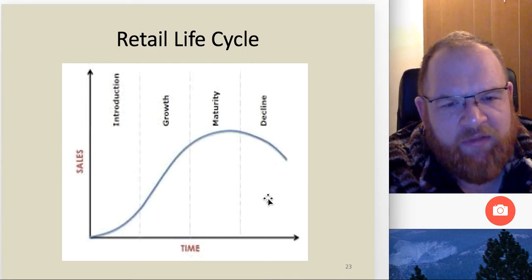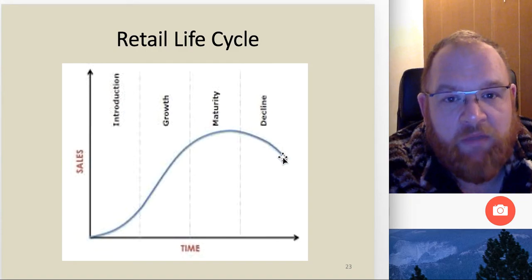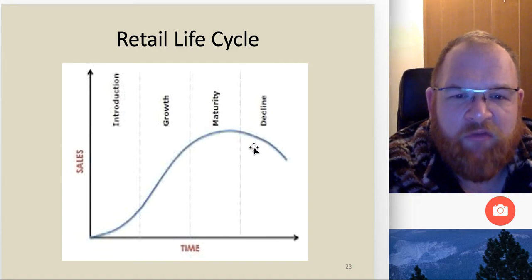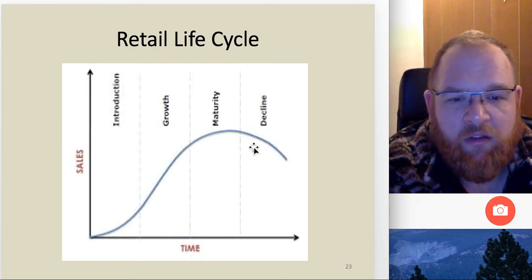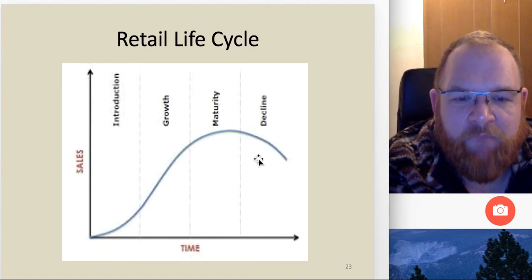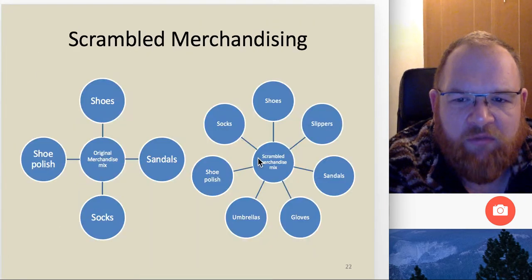What would usually happen in this stage is you either close the company, you get rid of it, or you would look at moving very much into a niche marketplace. So you would sell a small range of products, but quite high quality within them.